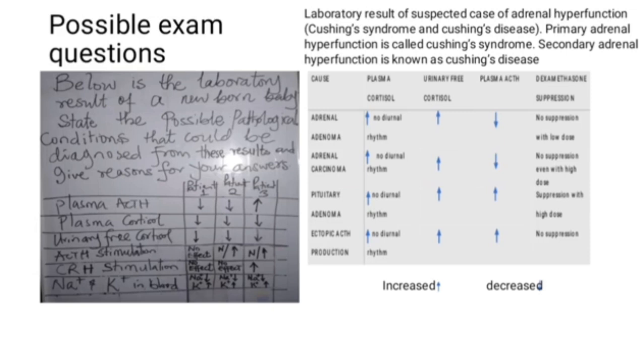If adrenal hyperfunction is as a result of the pituitary, it is called Cushing's disease. Then if adrenal hyperfunction is as a result of cancer or tumor elsewhere, it is ectopic Cushing disease. So that is what we call it.